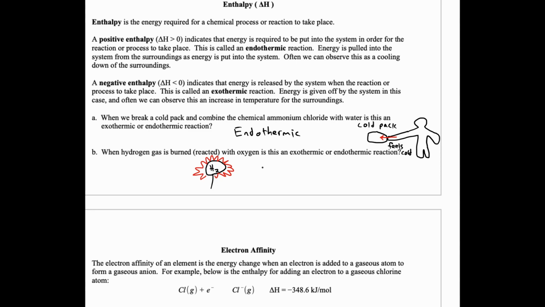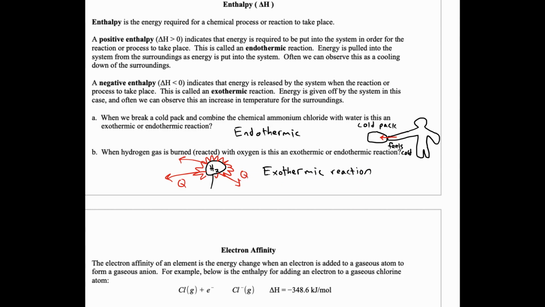So this is a classic example of an exothermic reaction. Heat will be flowing from the balloon to the environment, and we give that heat flow the letter Q often.